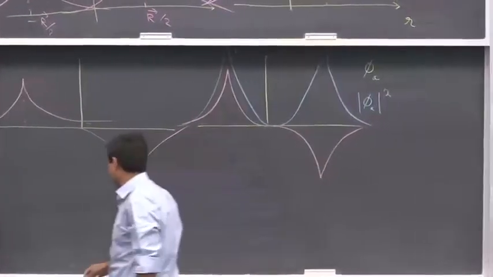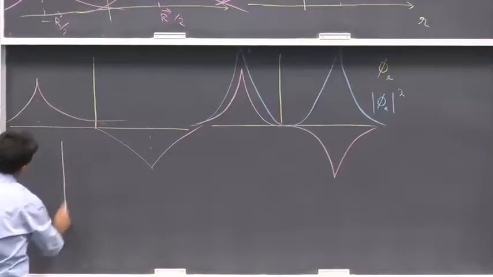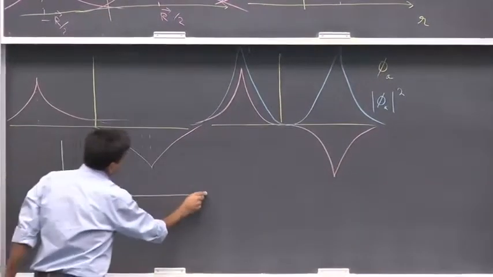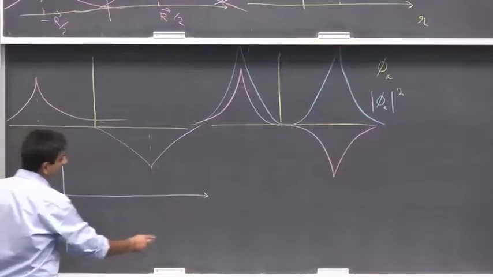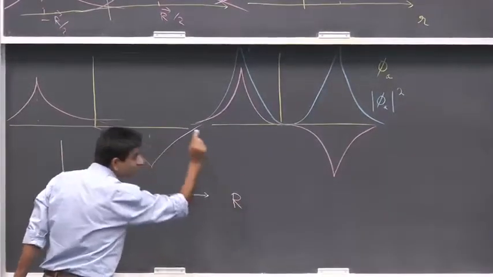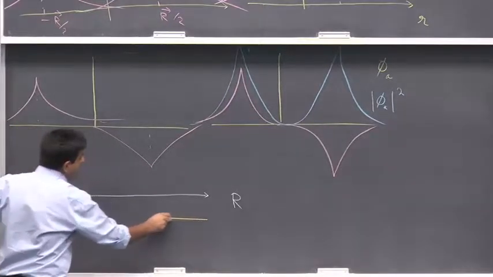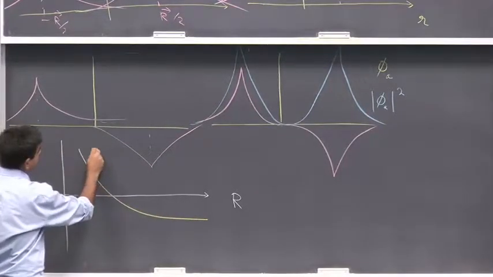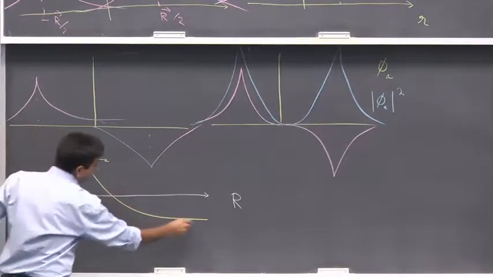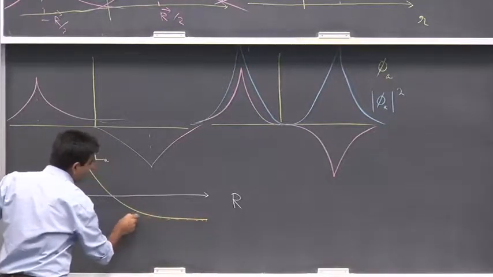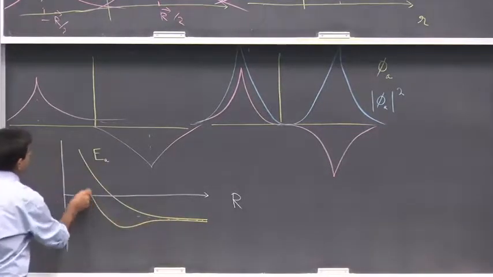By the way, if you were to plot the energies, so if I take the parameter R, and I plot the energies for EA and EB, this is the energy for EA, and this is the energy for EB.